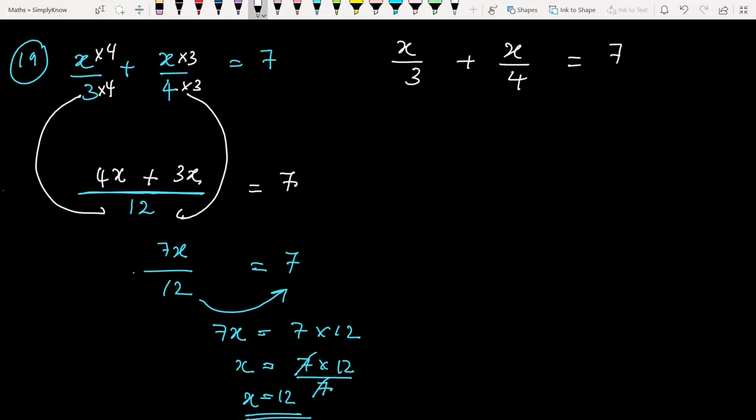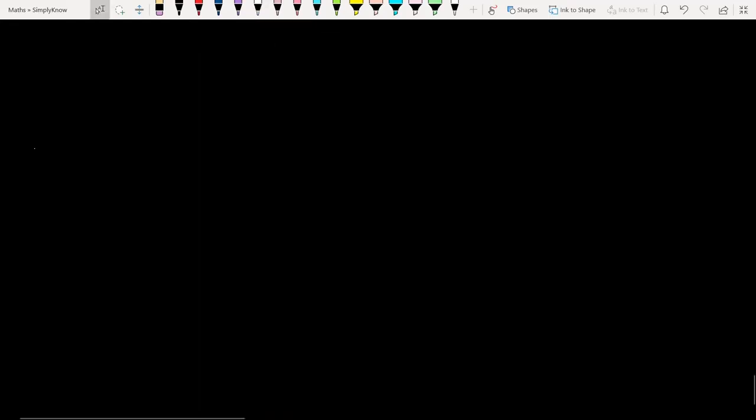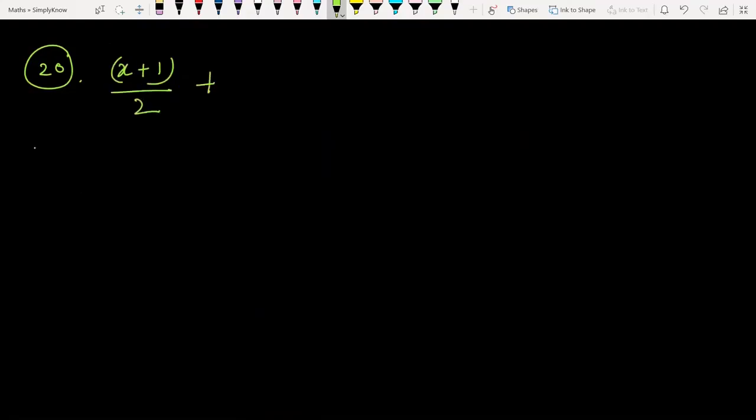Another way of solving this equation is, okay, this is our final equation. x plus 1 over 2 plus x minus 3 over 4 equals half.